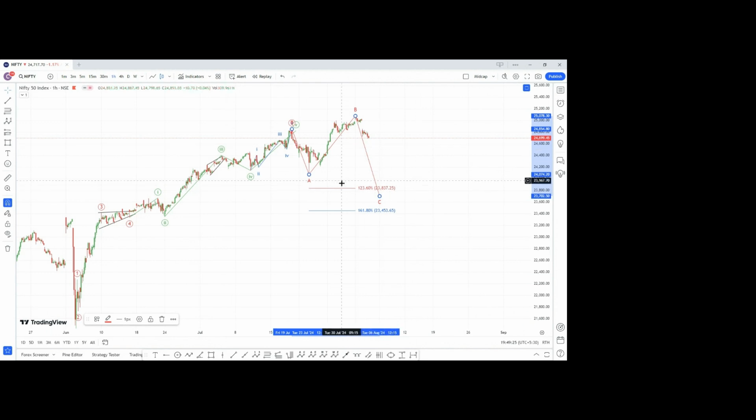But while we are approaching 23,837 and we don't find the 5 wave in the C, then we will come down towards 23,453. Okay, this is one thing, and another level that I'm considering would be the 800 zone. So the 800 zone in itself is going to provide support.